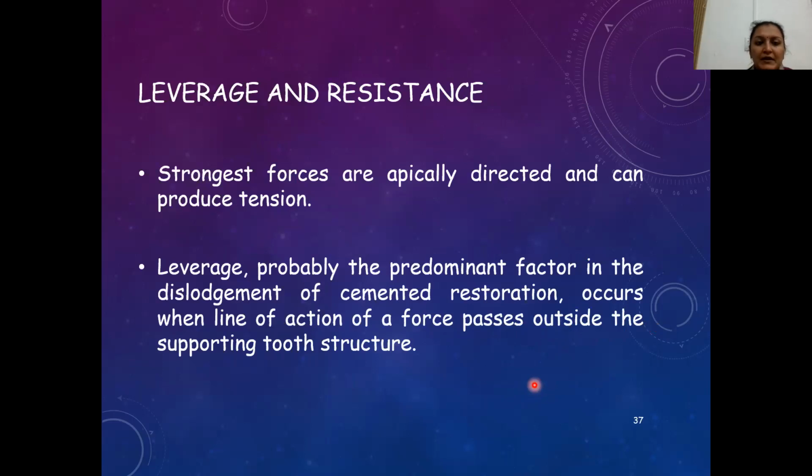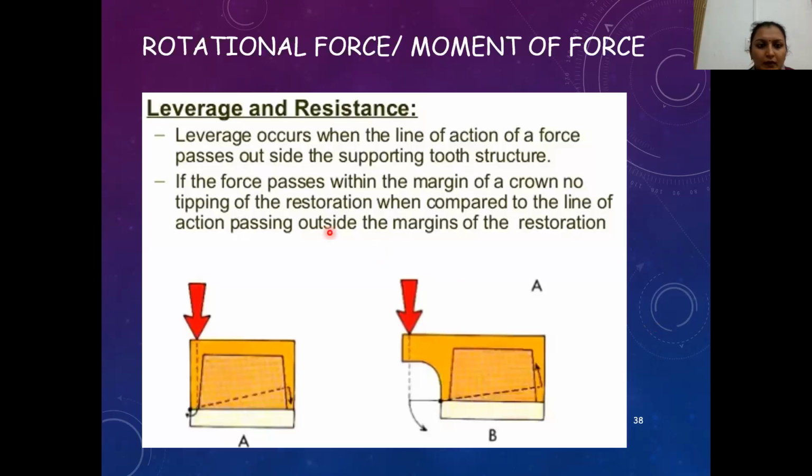Now, leverage and resistance. Strongest forces are apically directed and can produce tension. Leverage, probably the predominant factor in the dislodgement of cemented restoration, occurs when the line of action of a force passes outside the supporting tooth structure, as depicted in this diagram.